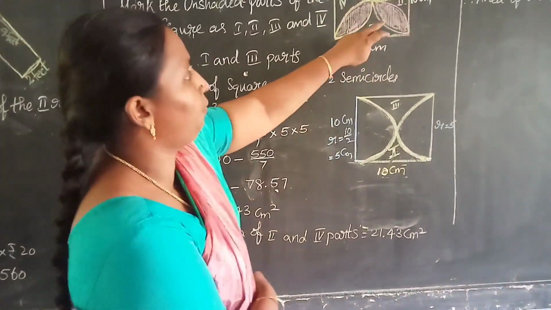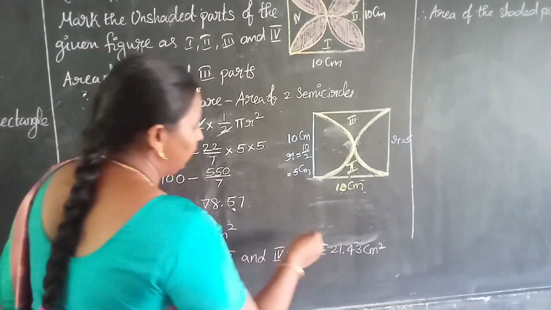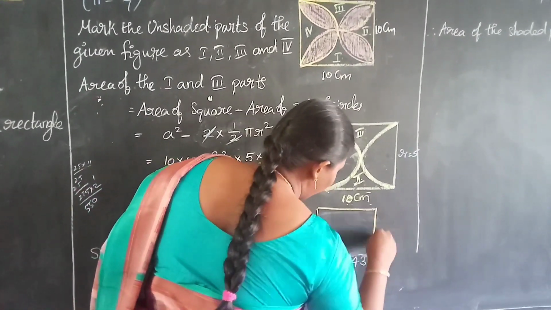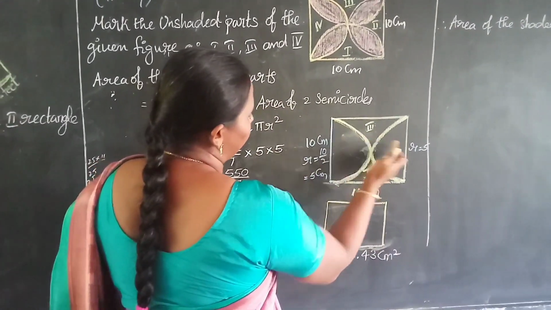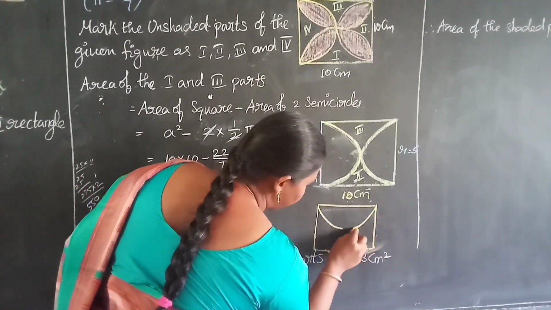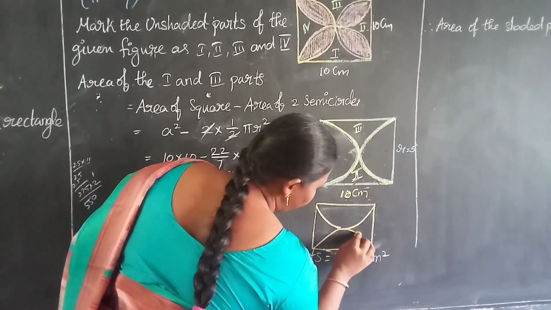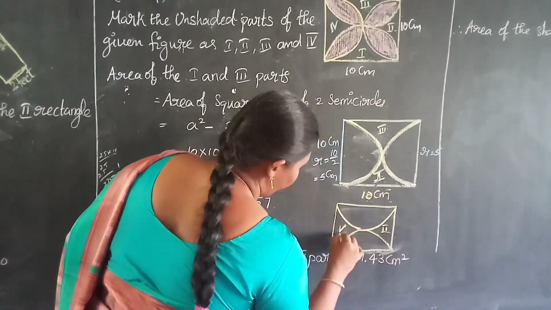Next we are going to find the area of 2 and 4 parts. So how to find 2 and 4 parts? See here, that semicircle is left and right. In this one, up and down the semicircle will come like this. Then only you can find the second part and fourth part.